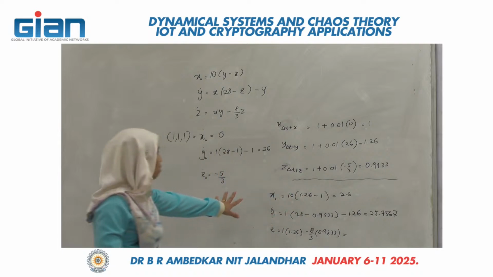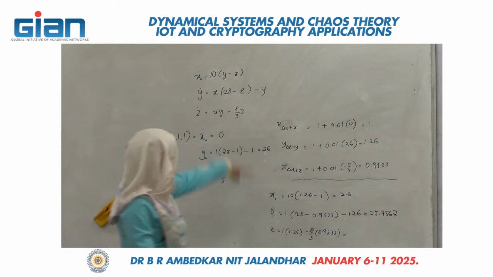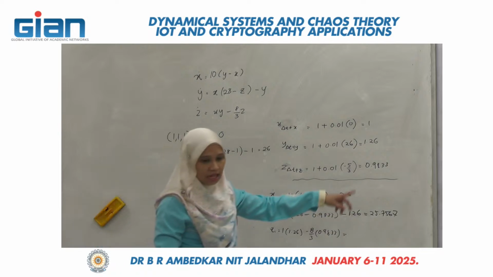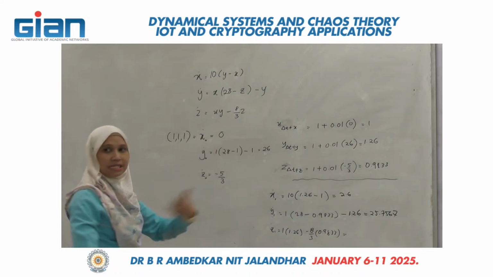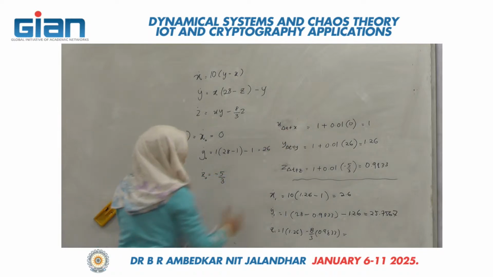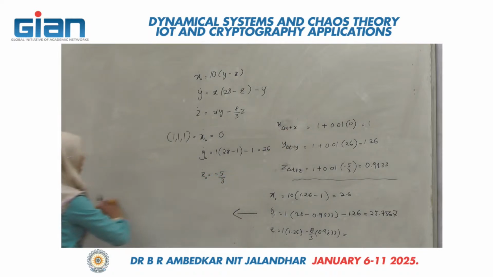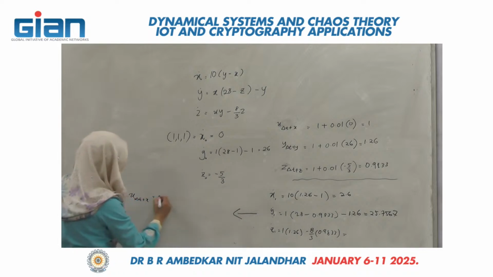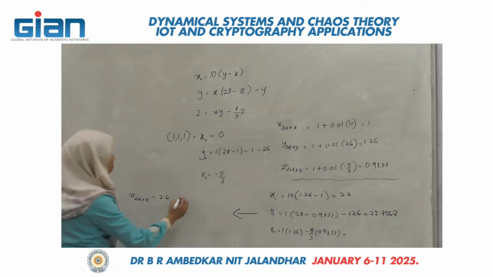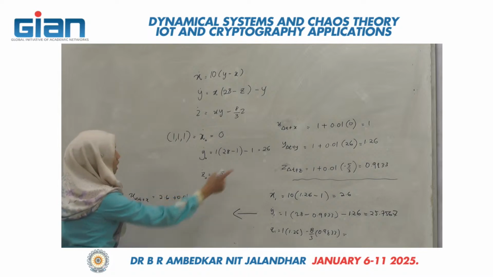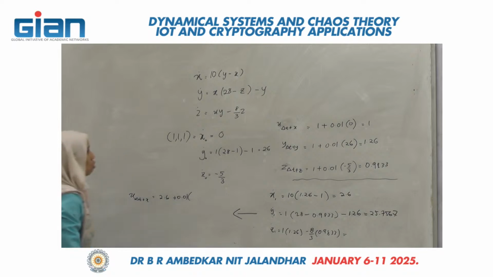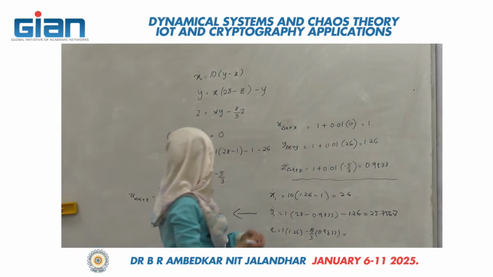So this is what we get for the second iteration, and for the next time step we will repeat the same thing, using this one. So x at t plus 1 is now 2.6 plus 0.01 into your dx/dt.